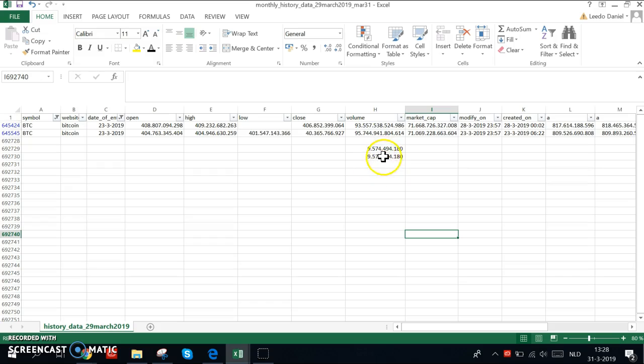This is 9.5 billion. This is the volume for Bitcoin. This is incorrect because this is what I'm getting in the CSV file: 93 billion, 95 billion. It's supposed to be 9.5 billion. So this is what the difference is.